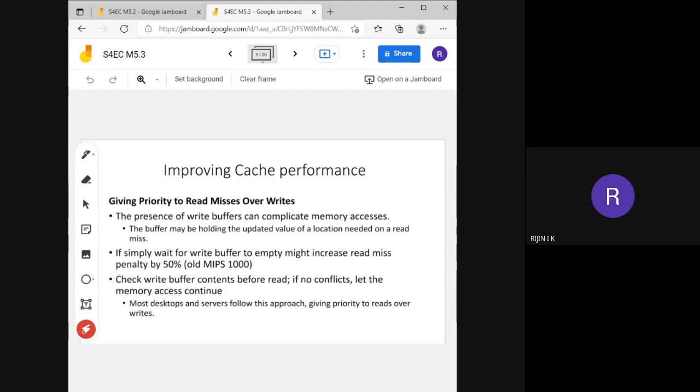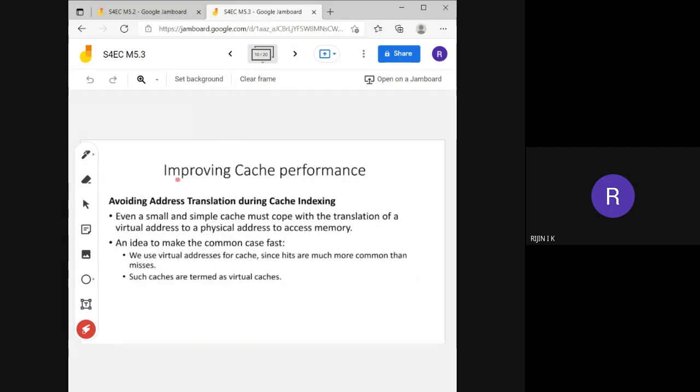In order to overcome that, check the write buffer contents before reading. If there is no conflict, let the memory access continue. So that is giving priority to read miss over writes, and that will also help to improve the cache performance.